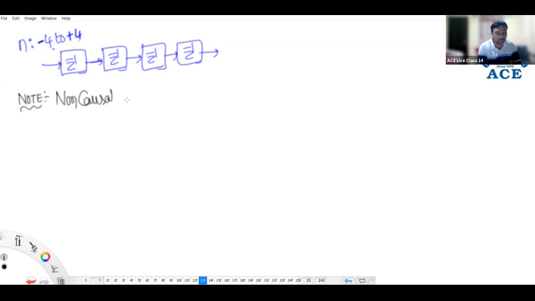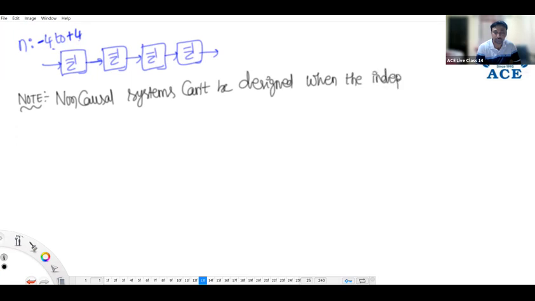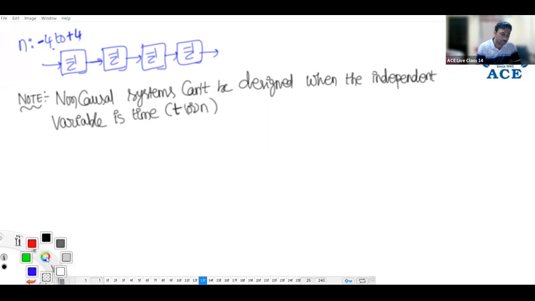Non-causal systems cannot be designed when the independent variable is time. Time means continuous case t, discrete case n. But they are possible with spatial coordinates.